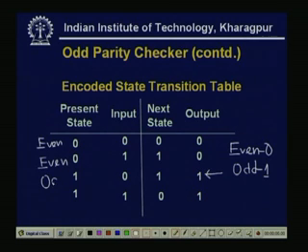Similarly, the odd state is encoded as 1. So present state is odd, input 0, then the next state is 1 and again a 1 output, which in the next clock cycle will be shown on the output line. Then again odd present state, input 1, next state is 0, output is 0. So this is the state transition table with the states encoded as 0 and 1.